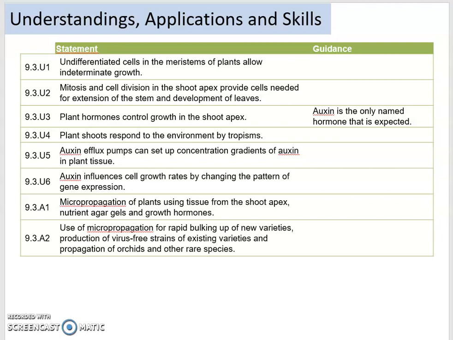Meristematic tissue in plants is found at the shoot apex, the top of the shoot, which can grow upwards, the root apex, allowing the root to grow downwards, and we're also going to look briefly at cambium, and meristematic tissue in cambium allows the plant to increase its girth, so it can grow fatter, if you like.